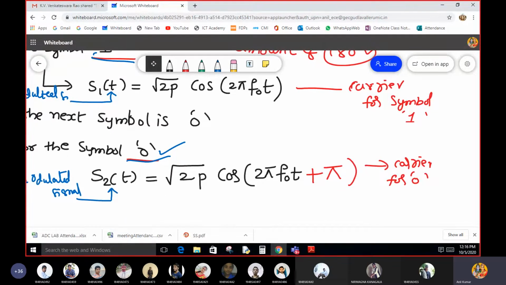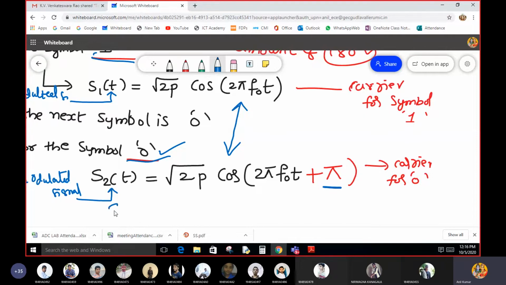Look at the difference between these. What is the change between these two equations? Phase shift of 180 degrees. Right. When the symbol is changed from 1 to 0, there will be a phase shift of 180 degrees.